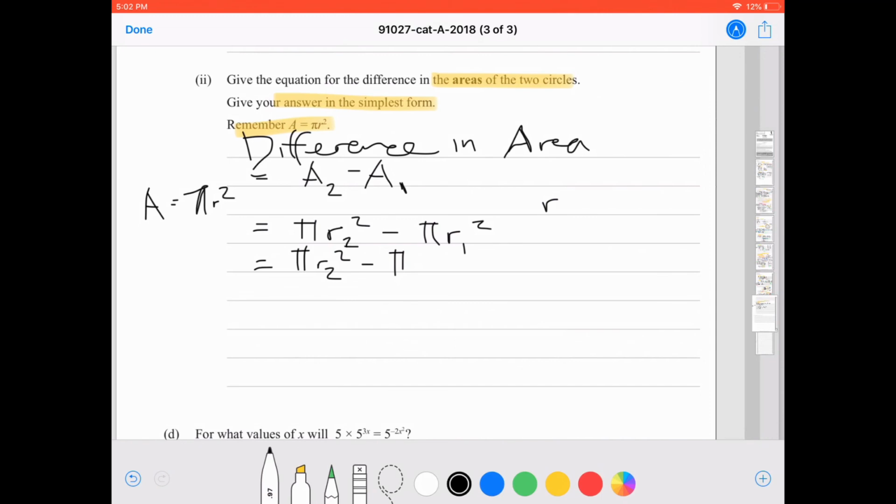R1 plus R2 equals 10. That was crucial, right? We could rearrange and say R1 equals 10 minus R2. Okay, we substitute that into the formula, 10 minus R2. It's just a way of converting the R1 to R2 to eliminate variables.